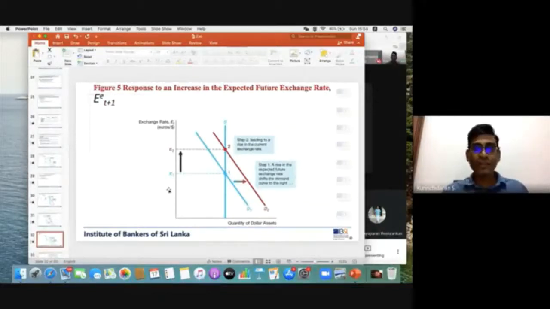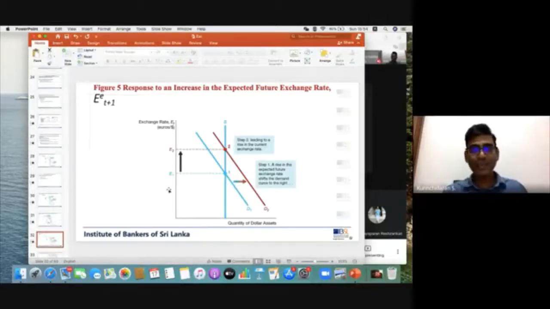we are going to talk about the expected future exchange rate. The response to an increase in the expected future exchange rate. Let's assume the domestic economy is the US and the domestic asset is dollar assets.